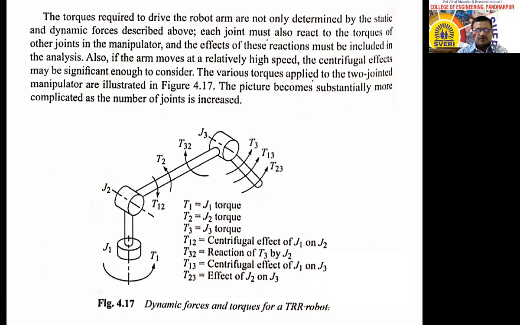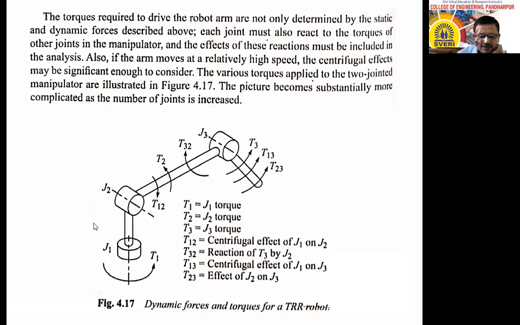Also, if the arm moves at a relatively high speed, the centrifugal effects may be significant enough to consider. The various torques applied to the two-jointed manipulator are illustrated in figure 4.17. The picture becomes substantially more complicated as the number of joints is increased.